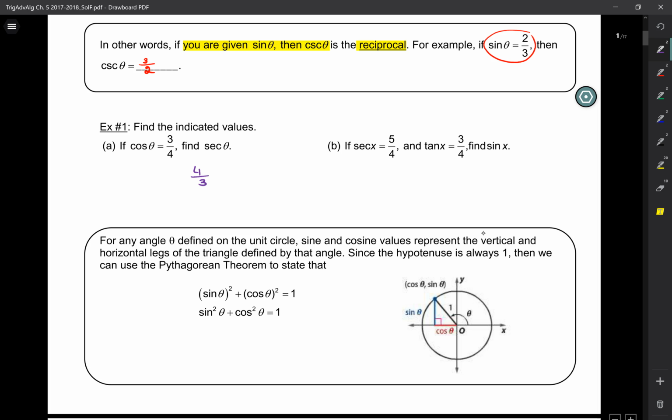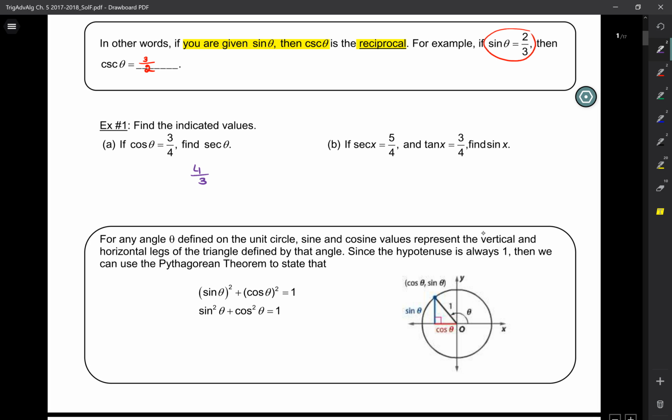And then, in the next one, if secant of x is 5 over 4, and tangent of x is 3 over 4, find sine of x. So this one is a little bit more complicated, right? But look, secant of x, that is the reciprocal of what? Cosine. So from that, I find cosine of x is what? 4 over 5.